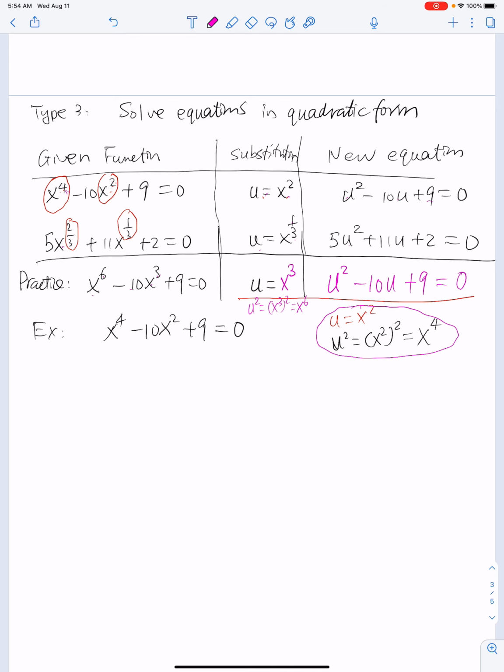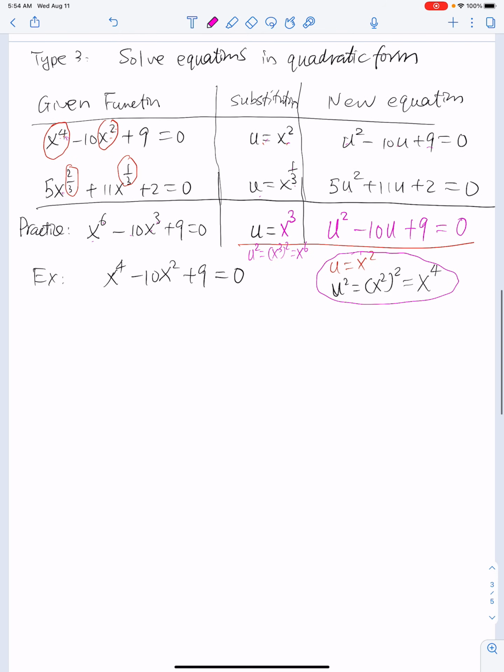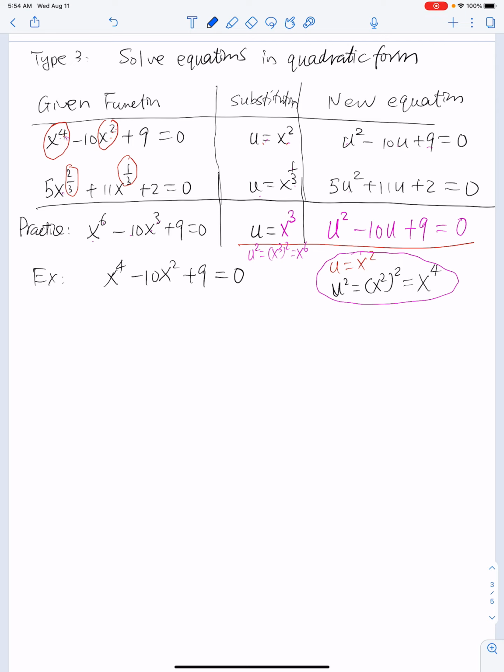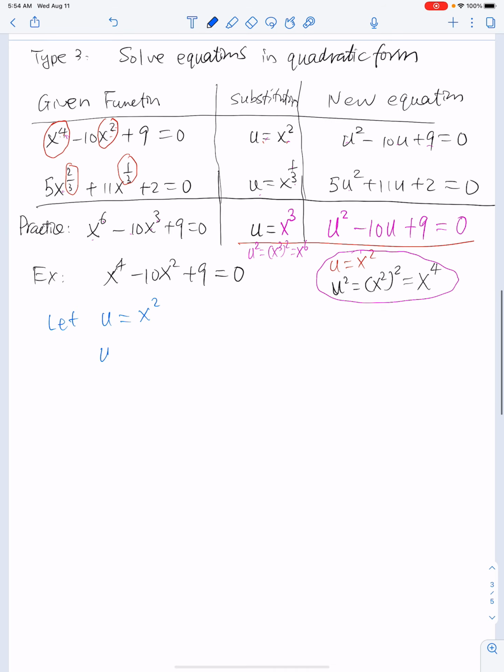Give you another example. And how could we solve these things? I want to do an example here. So we let u to be x squared. So we have u squared minus 10u plus 9 equal to 0. Then what could we do? Factoring.